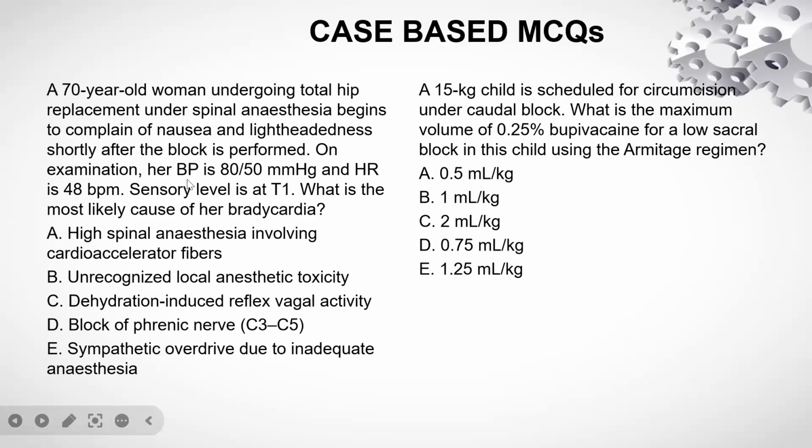So the first question is, a 70-year-old woman undergoing total hip replacement under spinal anesthesia begins to complain of nausea and lightheadedness shortly after the block is performed. On examination, her BP is 80/50 millimeters of mercury. Heart rate is 48 beats per minute. Sensory level is at T1. So what is the most likely cause of the bradycardia?